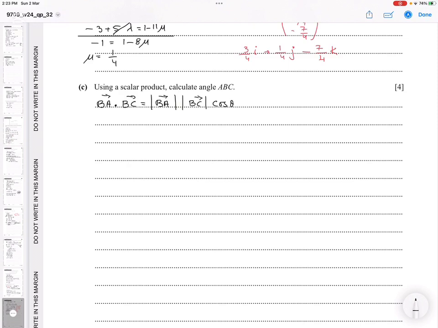Suppose if I draw a line and I write ABC here, so this is the angle. So these are the vectors, BA and BC, and this is your angle theta.